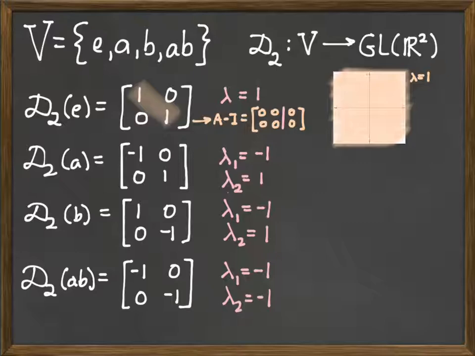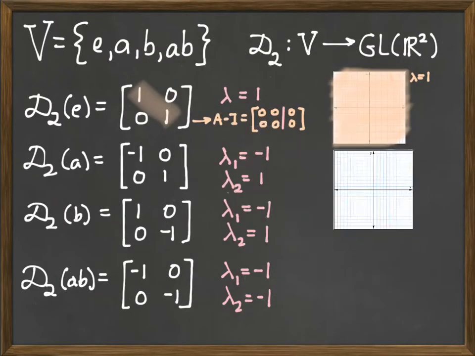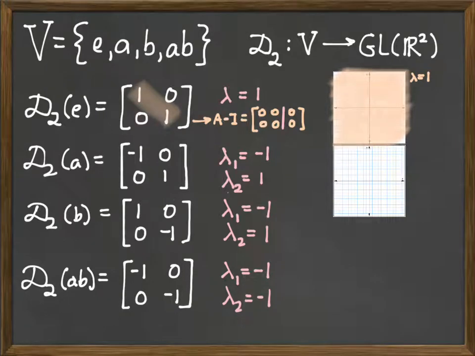So there's our first matrix. For the second matrix, what is the eigenspace associated with lambda equals -1? Let's see. Lambda is equal to -1. So we would have 0, 0, 0, 1 minus -1.